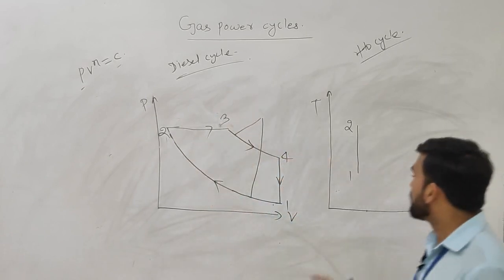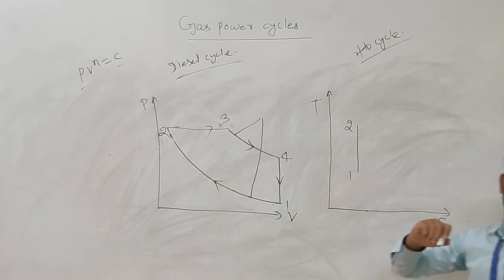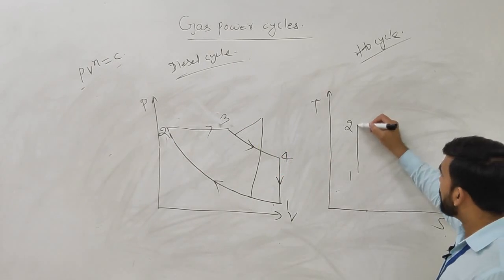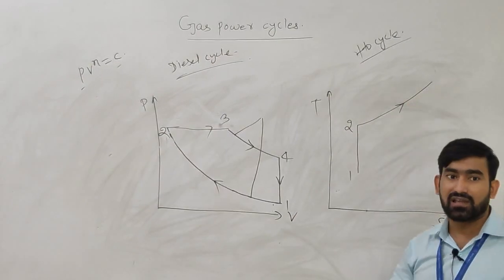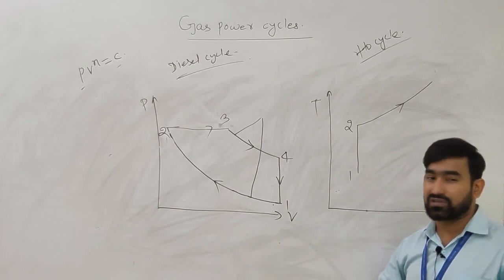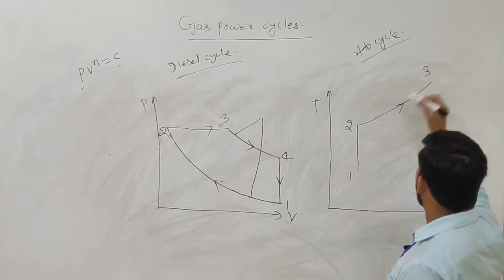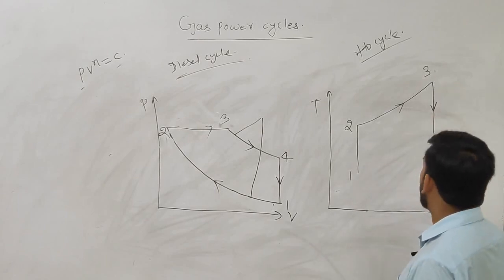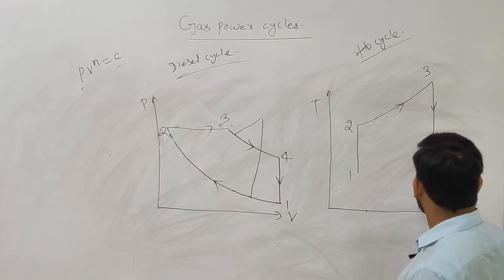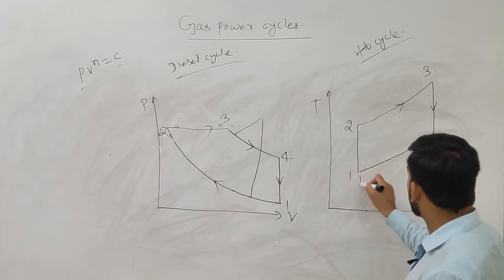Constant pressure can be drawn like this, whose slope is lesser than the constant volume process, which we have seen in polytropic process. So here it is 2 to 3, and 3 to 4 is again at constant entropy, and this is 4 to 1.